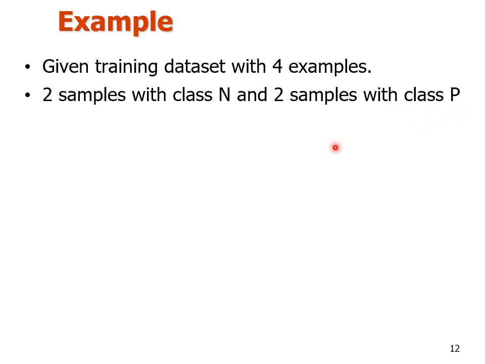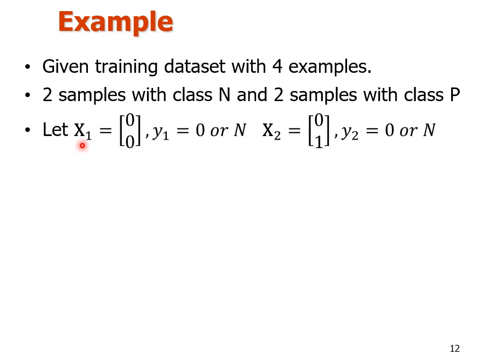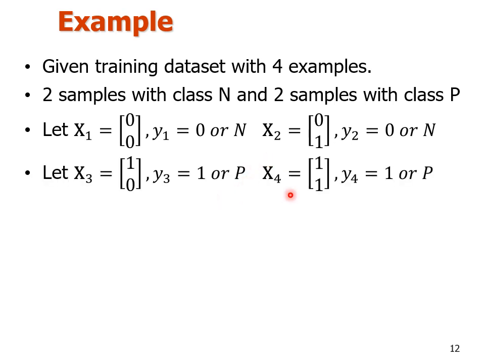Now these 4 instances are described by 2 features each. Capital X1, X2, X3 and X4 denote the 4 training examples, and every training example has 2 features, small x1 and small x2.